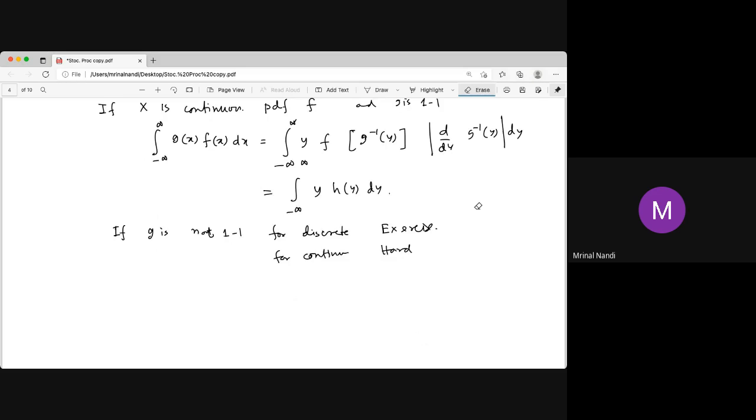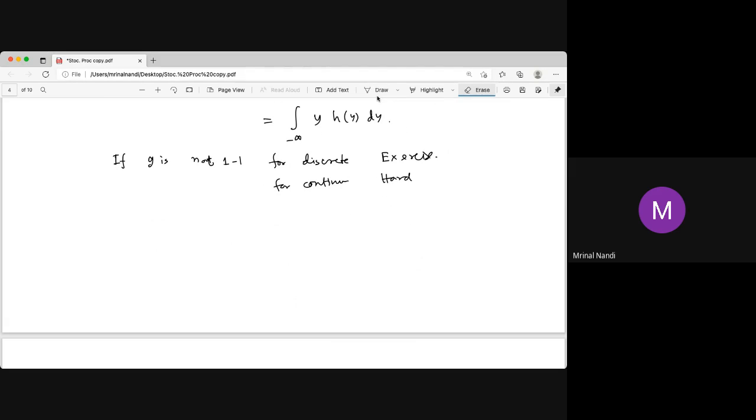So this proves that you can consider the expectation of g(x) in two different ways.